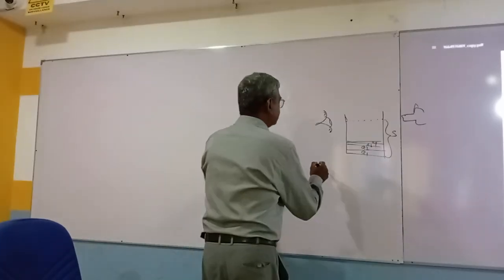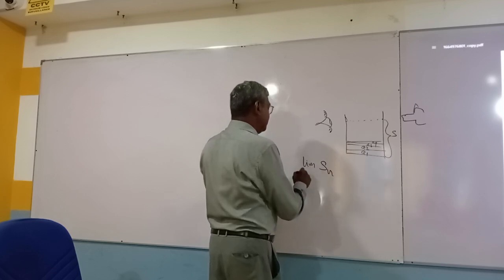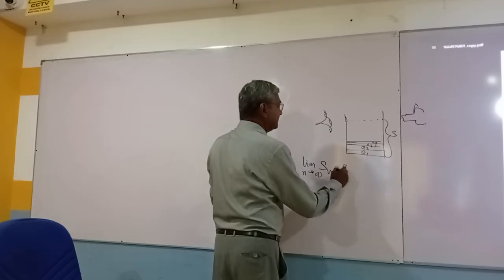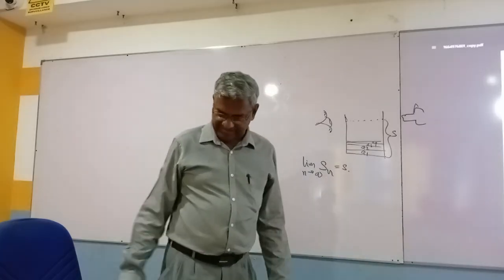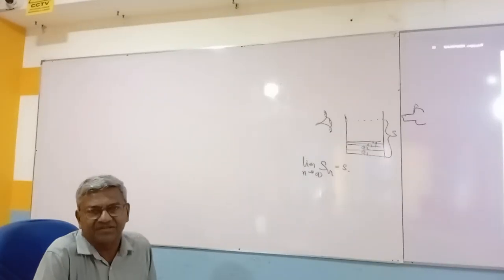But in our case, we take the sum of the first n terms and denote it by Sn. Then, if there is a limit as n goes to infinity, say s, we say that the sum of the infinite series is s.